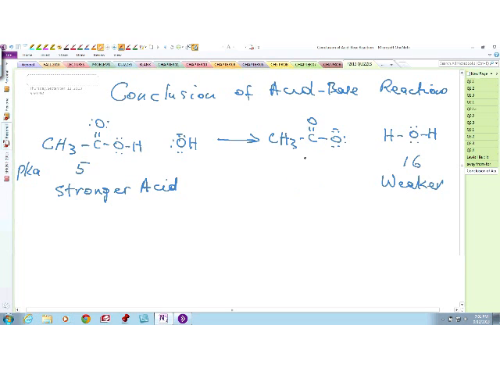In this case, this equilibrium will go mostly to the right. There might be a little bit of reaction going to the left, but most of the equilibrium will favor the forward reaction.